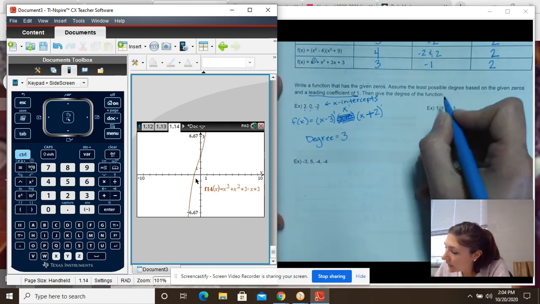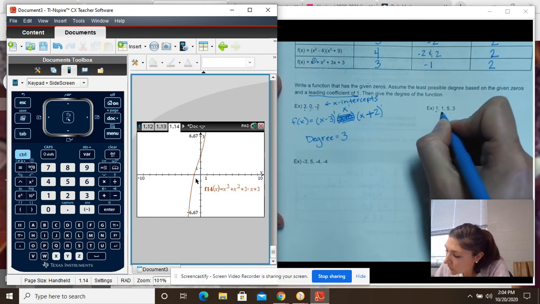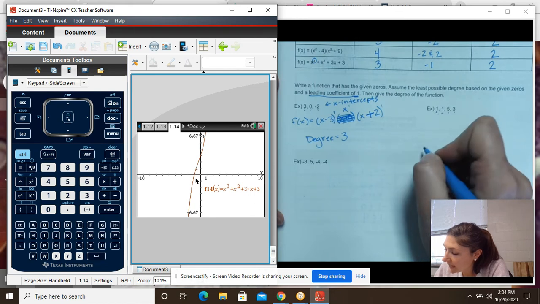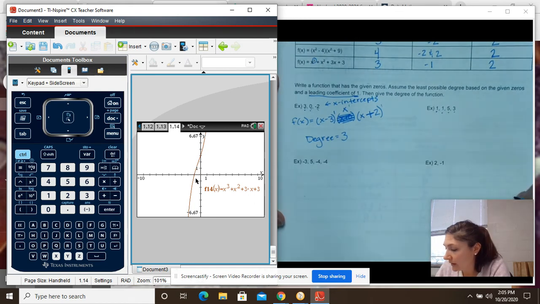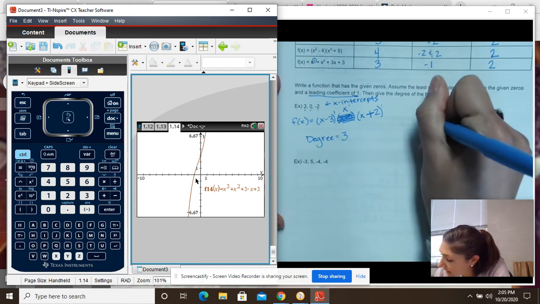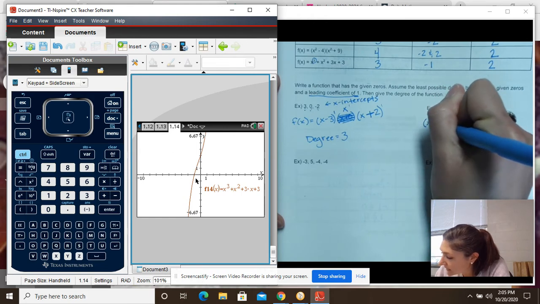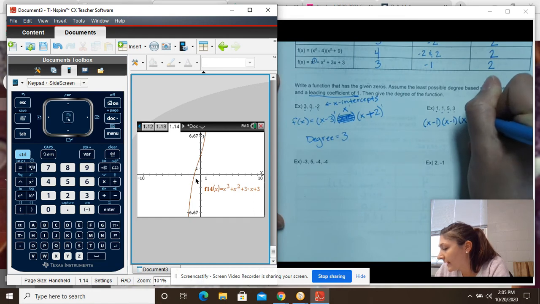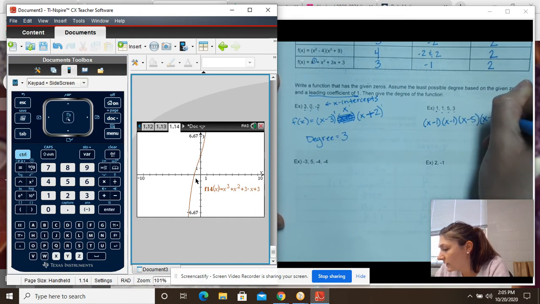For our next example, I have 1, 1, 5, and 3. Since 1 is repeated, that means I can use an exponent here. Remember we talked about this with our x-intercepts. We said I would have x minus 1, and x minus 1, x minus 5, and x minus 3.